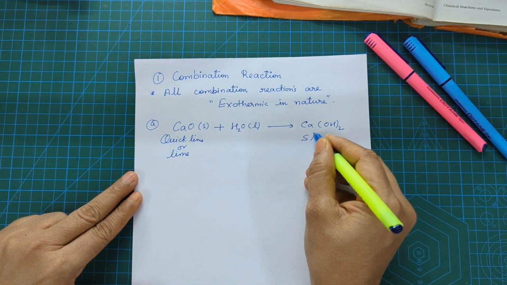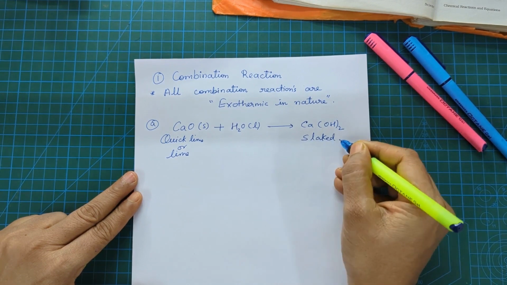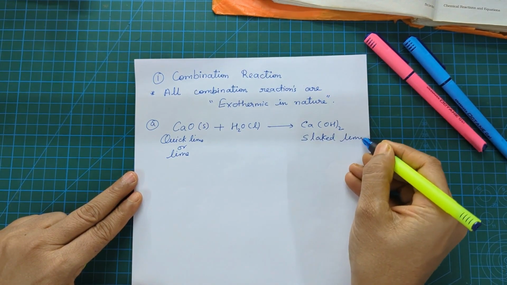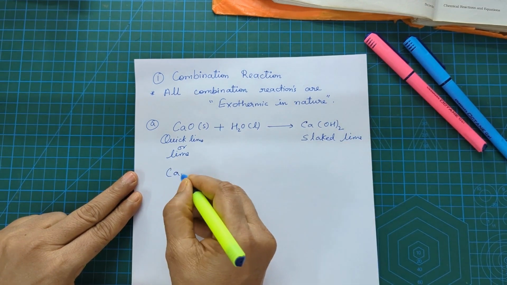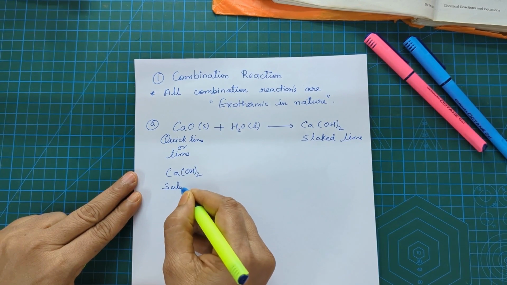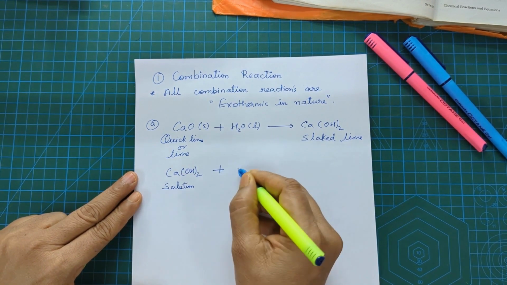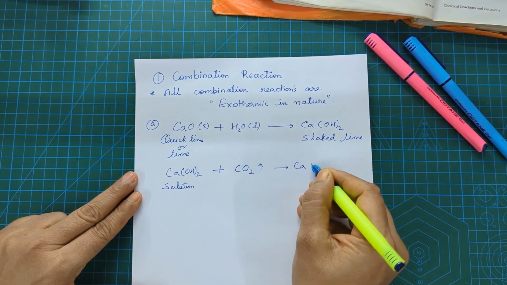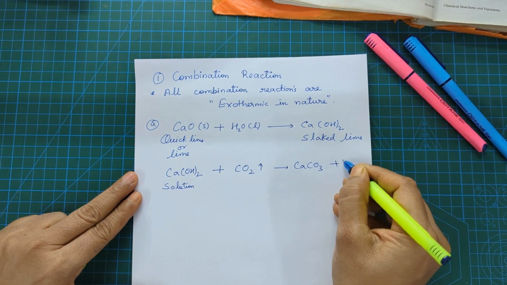This is called slaked lime. Then a solution of calcium hydroxide means a slaked lime solution. This, when it reacts with carbon dioxide, forms calcium carbonate and water.